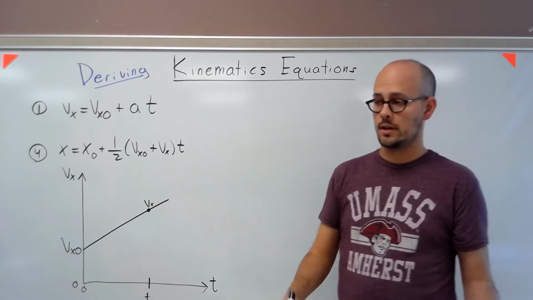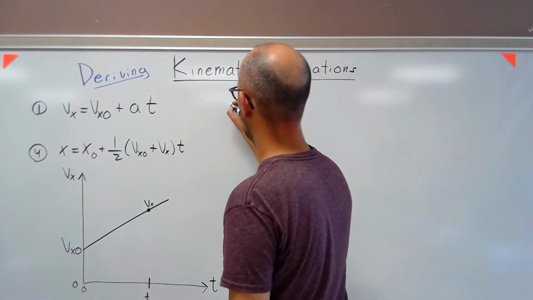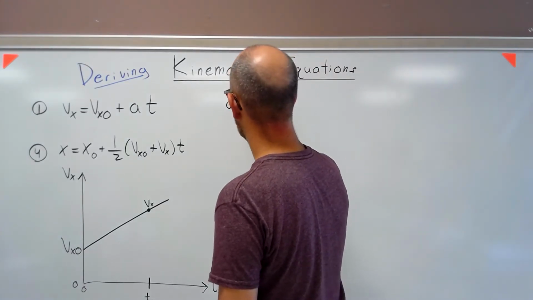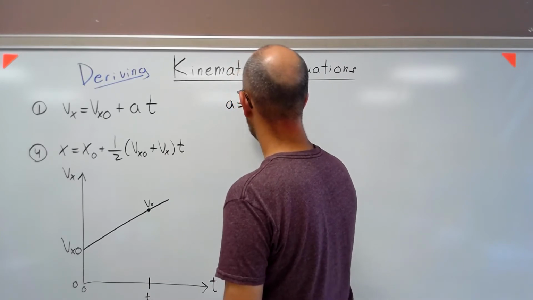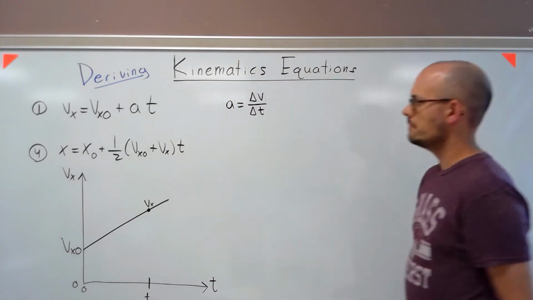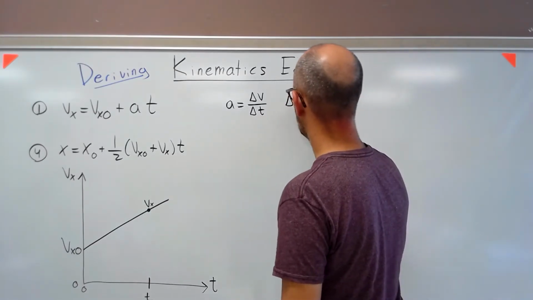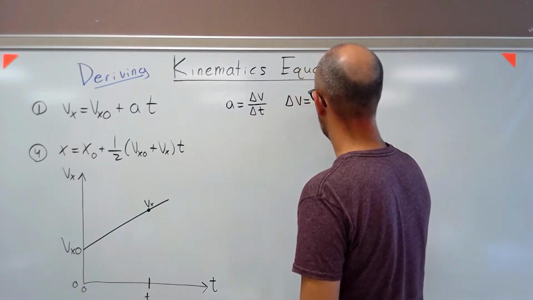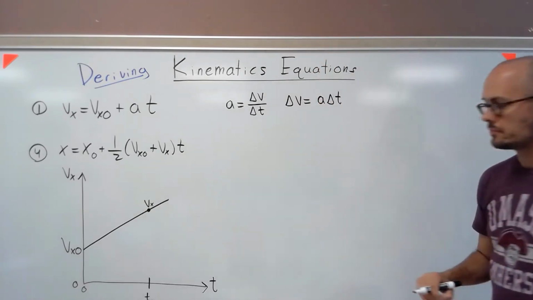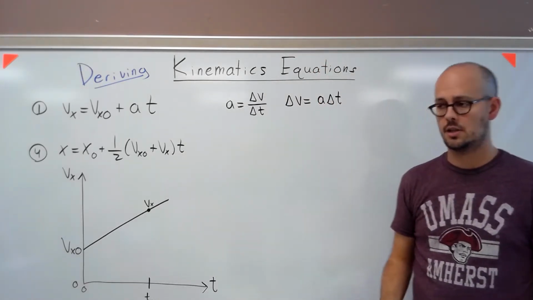So there's actually two ways to derive this. The first one is algebraically, to say that acceleration is the change in velocity over the time. If I multiply both sides by t, I get a change in velocity is equal to acceleration times time. Now, delta means change in.